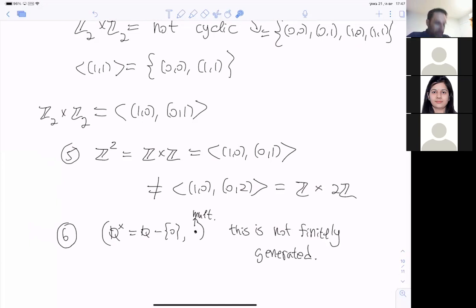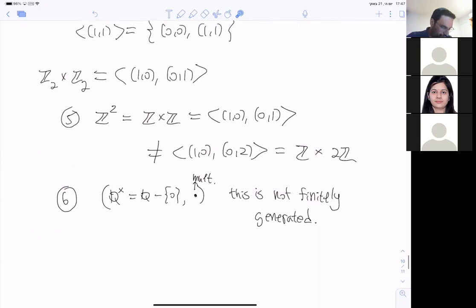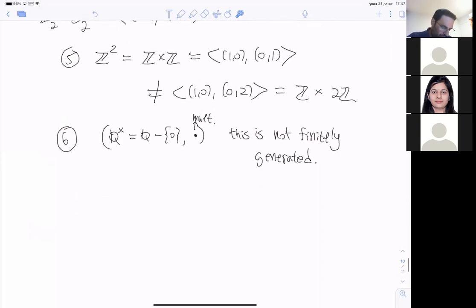You cannot create all elements here by some finite set of rational numbers.